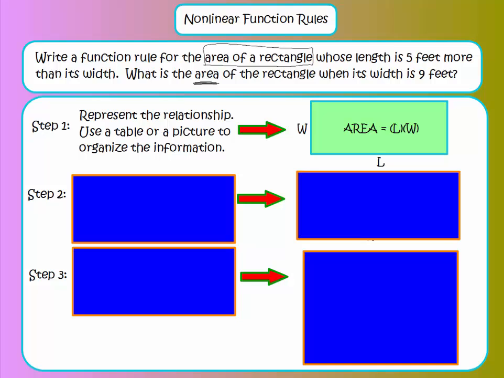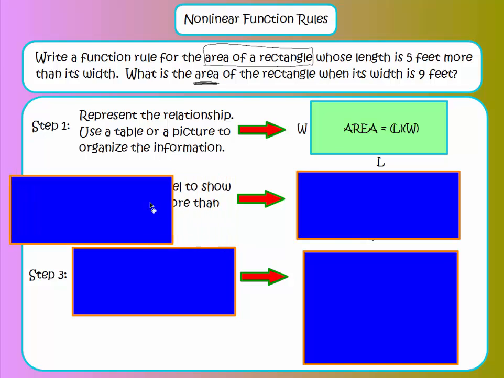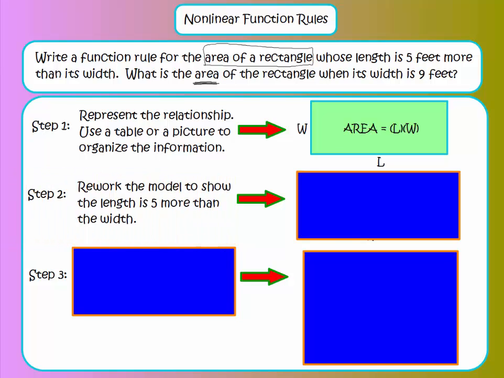All right, step 2. We're going to rework the model that we just created to show the length is 5 more than the width. So, the area of a rectangle whose length is 5 feet more than its width. That means we have the width, and then the length would be the width plus 5.